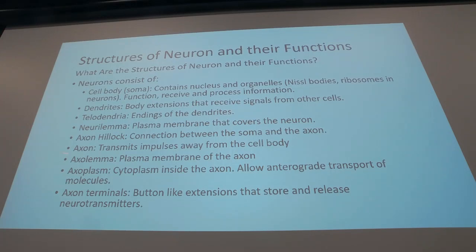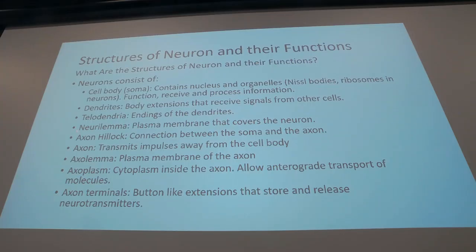The plasma membrane that covers the neuron is called neurolemma. The skin that was covering the hands that were catching these markers is the neurolemma.